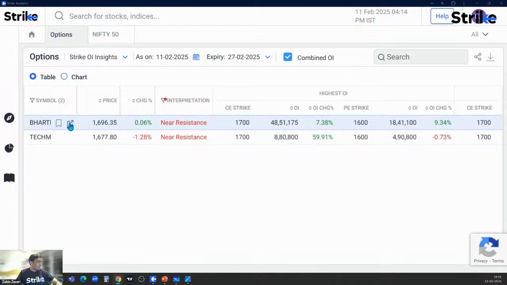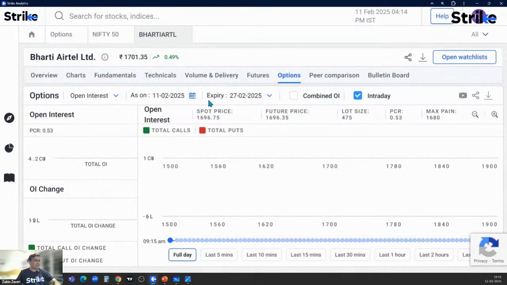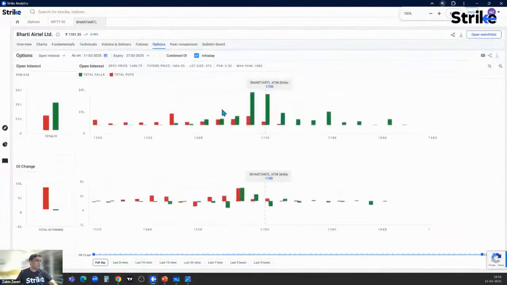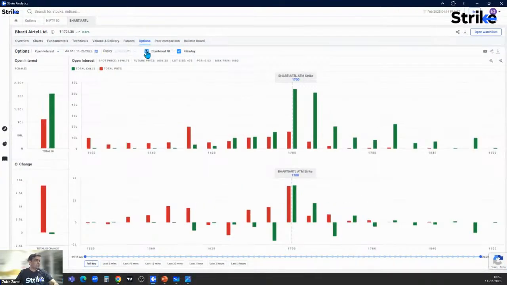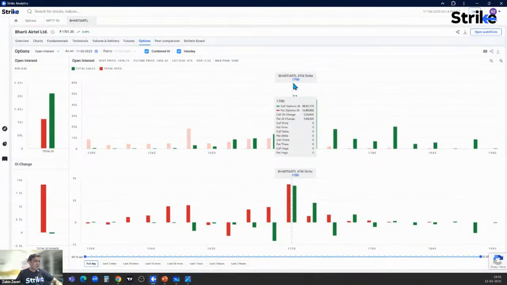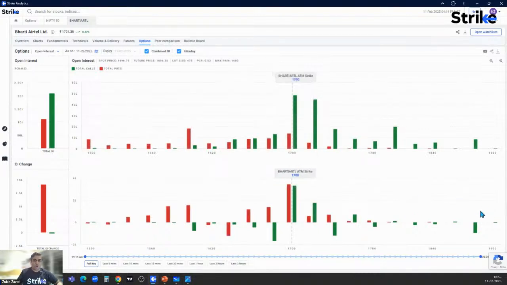What we can do is we can also enlarge Bharti Airtel over here. Once we click on this Bharti Airtel and click on combined OI, you can see the highest is 1700. A big, tall green color bar over here is the tallest. So at 1700, there is a lot of call open interest built up.